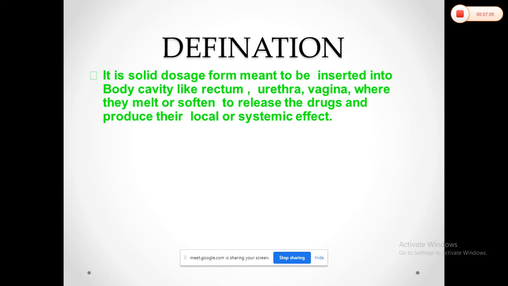Suppositories can be used to overcome the side effects or disadvantages inherent to oral therapy. For example, some drugs get metabolized by the oral route, so instead we can use this substitute route.